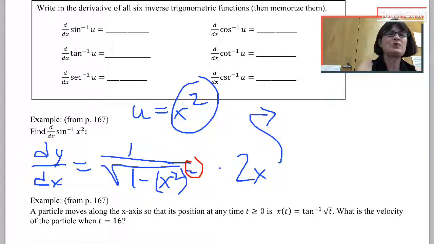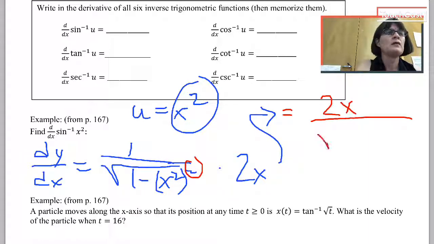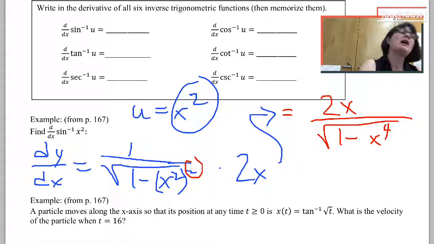So what is x squared squared? That's x to the fourth. So if I wanted to simplify this, the 2x could come to the top, over the square root of 1 minus x to the fourth. That's the derivative of inverse sine of x squared.